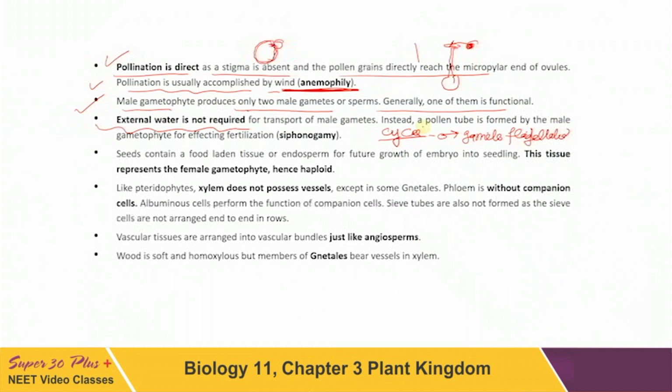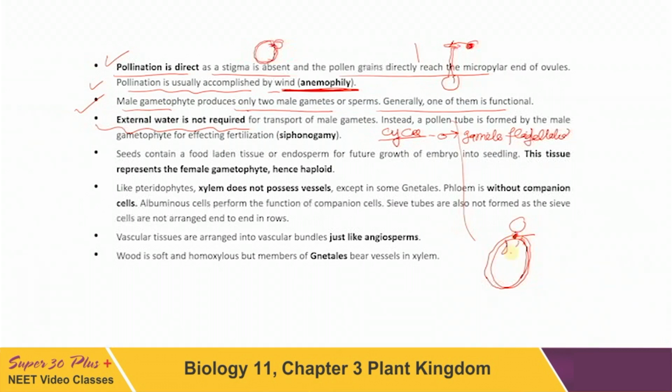What happens? Here you see, in this reference, this is the body of the ovule, this is the pollen, and this is the micropyle. On the micropyle the pollen will come, germinate, and make the pollen tube.